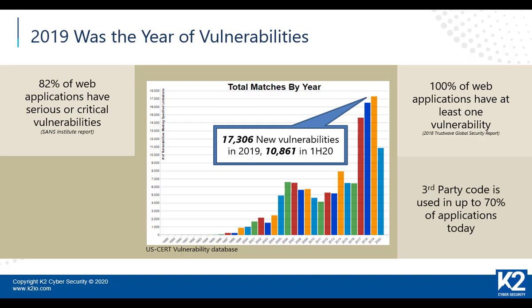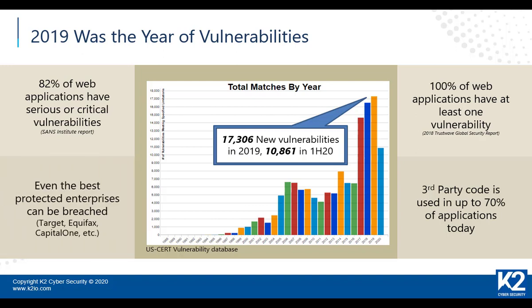And in order to do that, many organizations have resorted to using third-party code, legacy code, and open source code in their applications. Up to 70% of applications have third-party code, which means no matter who you are, you probably have a vulnerability in your application. And no matter how well protected you are, you're vulnerable to an attack. And we see that over and over again in high-profile breaches that make it to the news.